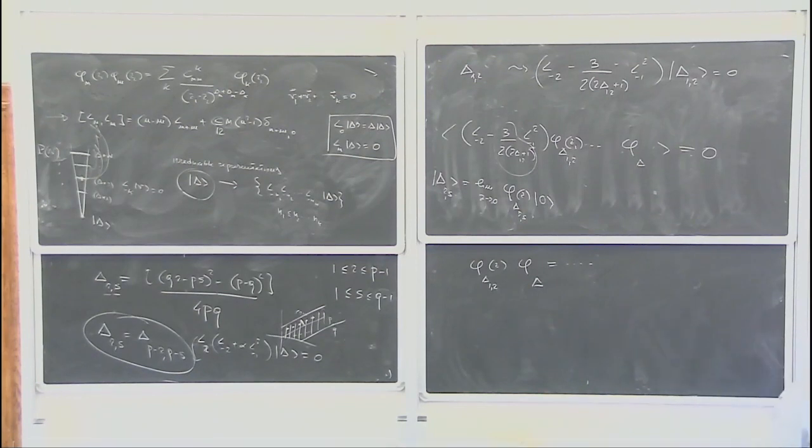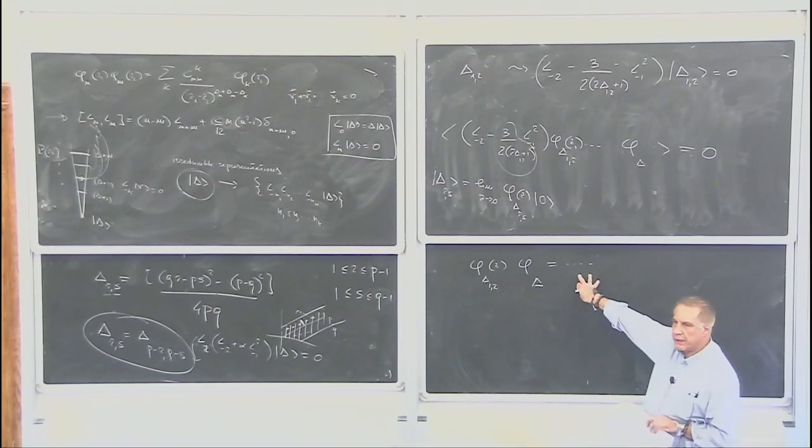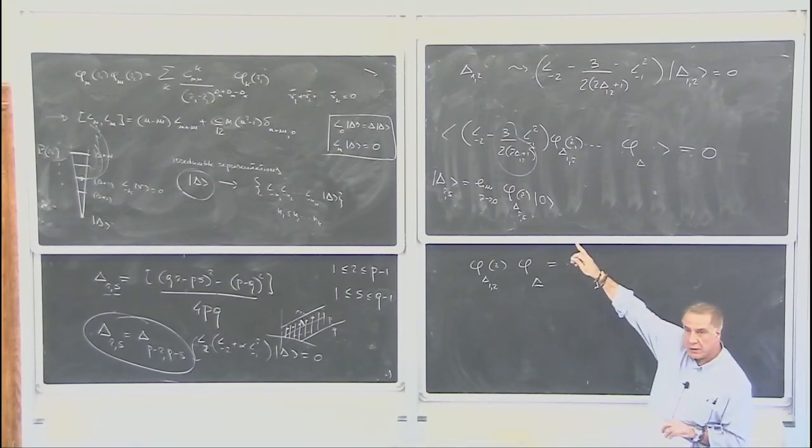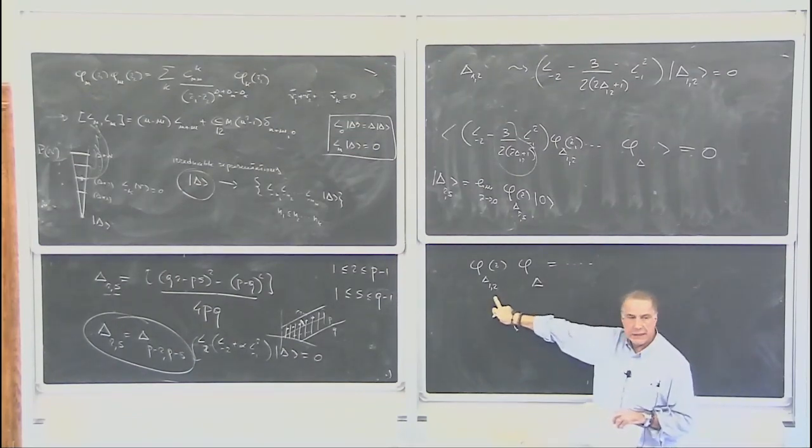What kind of fields can appear on the right-hand side? Okay? This is my question. And the answer is, whatever appears on the right-hand side should be compatible with the second-order differential equation that this guy satisfies.